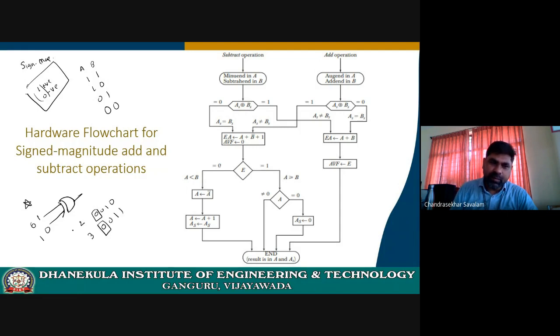So here both are plus 2, plus 3. If 0, 0 is applied to the exclusive OR gate, the output is 0, so these two have the same signs. Understand, students? How are you going to decide whether the signs are equal or different? Students, please respond. Have you understood?